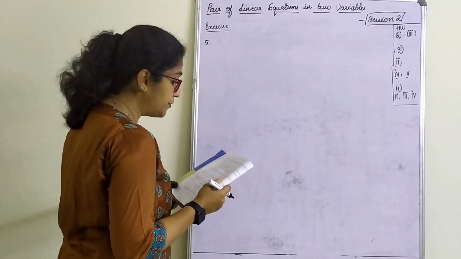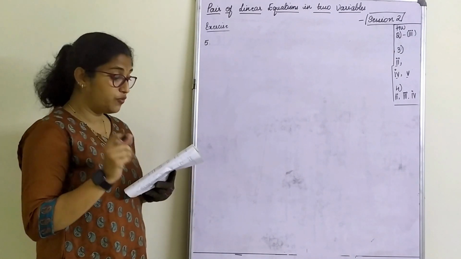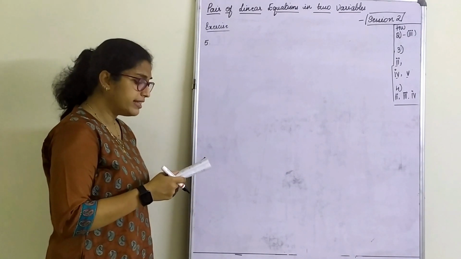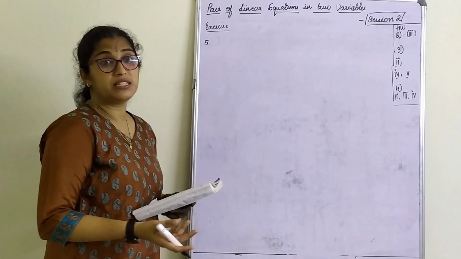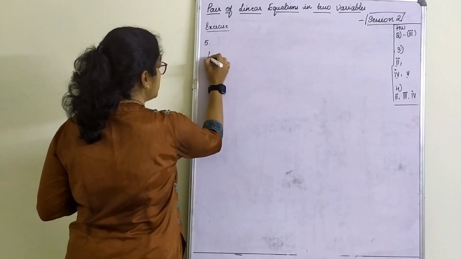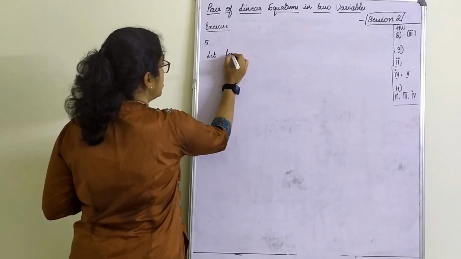Half the perimeter of a rectangular garden. See, understand the question very carefully here. Whose length is 4 more than its width. First of all, they have not given what is length and width.